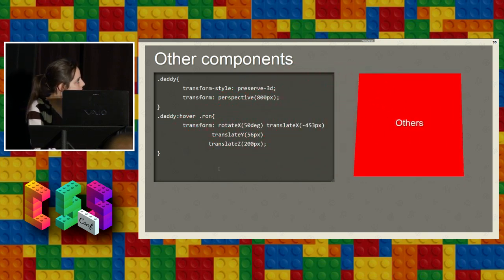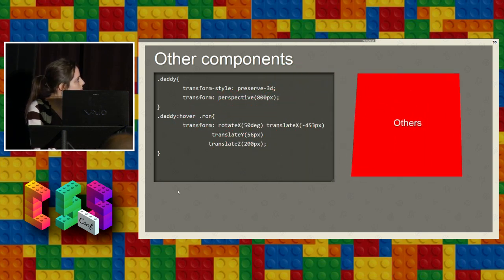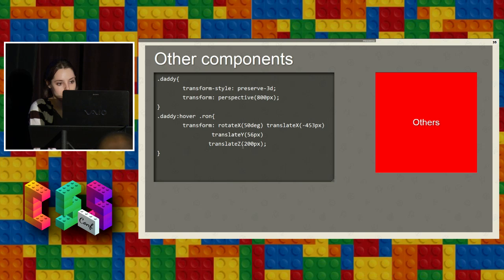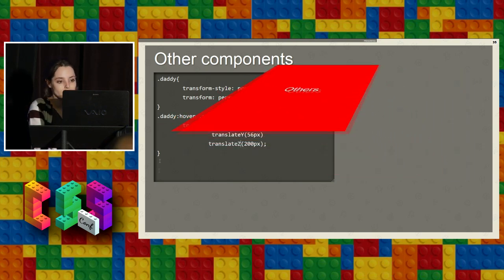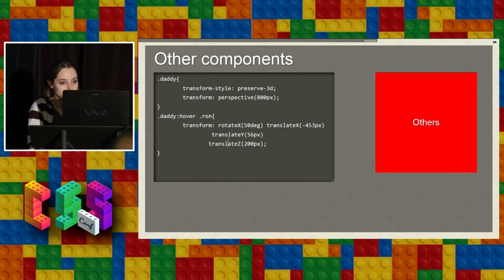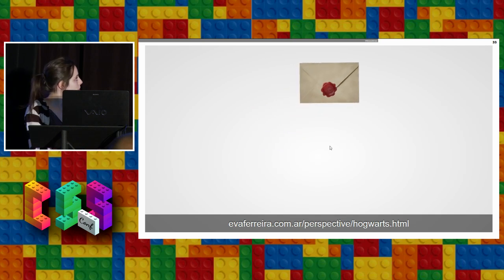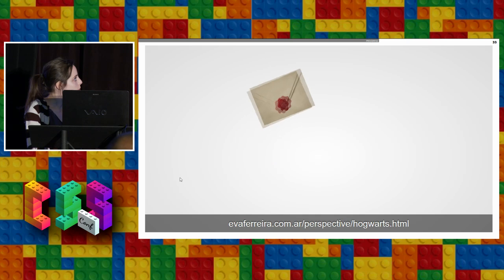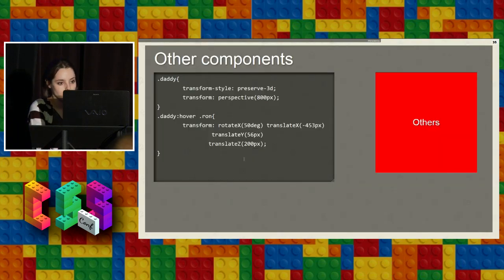So what translateZ does is move this axis of the element, in a way getting it closer to us, which is really useful when we do something like this. We turn the element around, and it gets closer to us and farther from us in the process. So there it goes. And it gets closer and further.